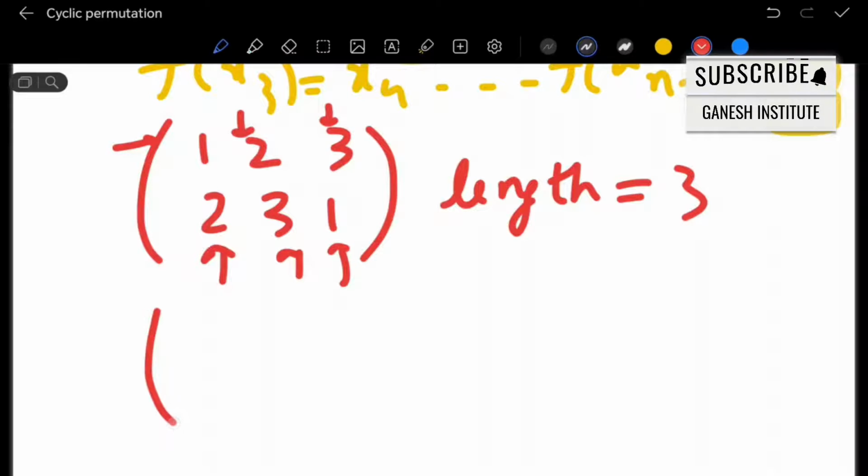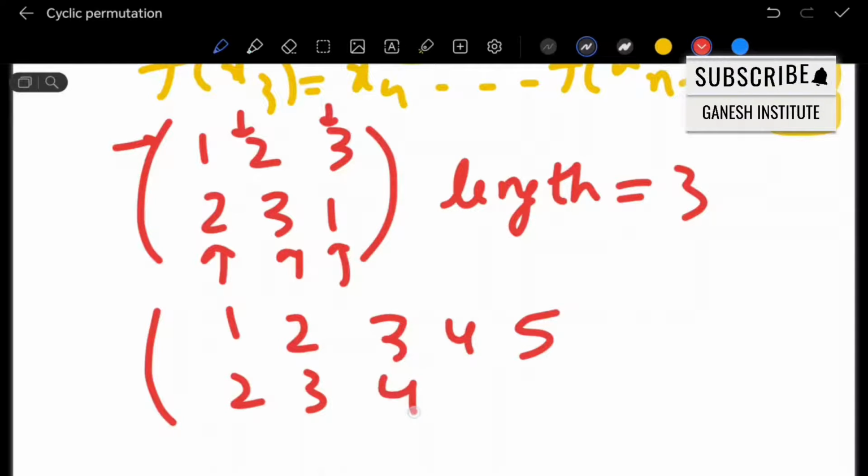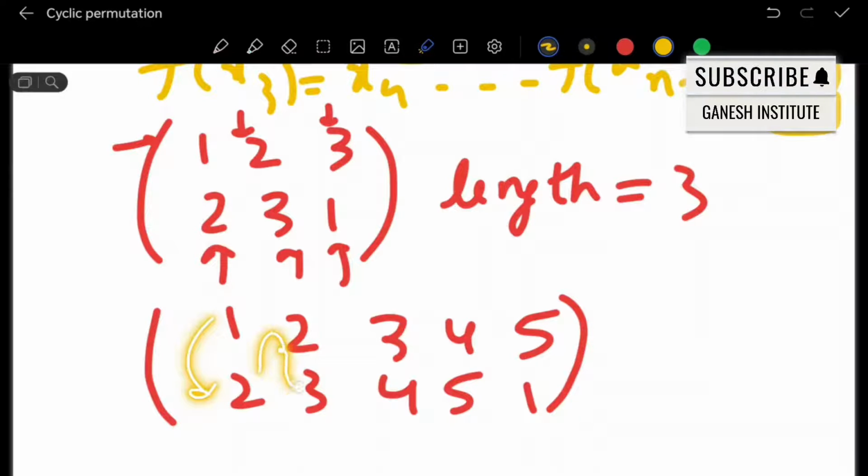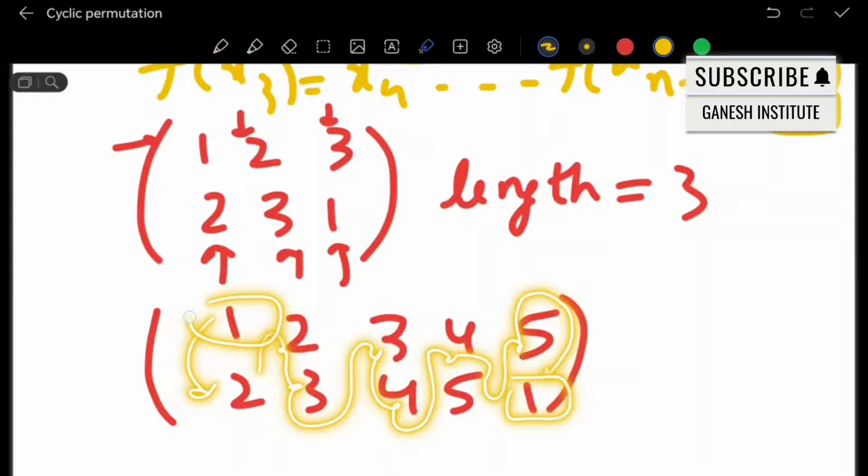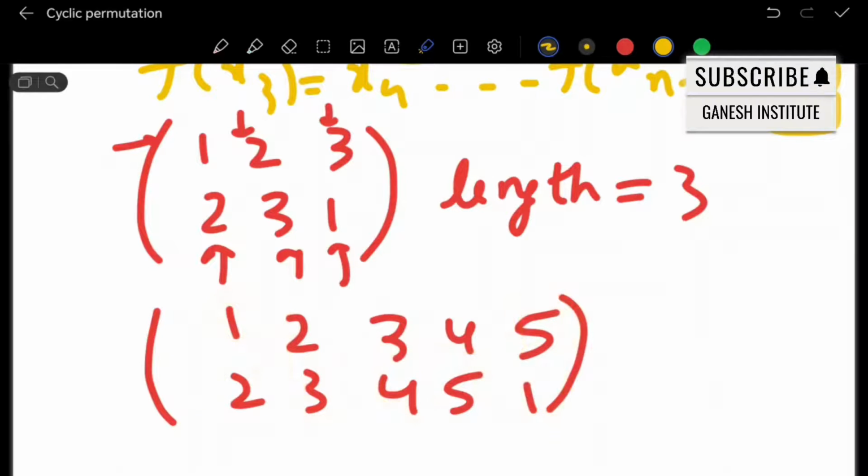Tell me, what about this one? (1 2 3 4 5) connected to (2 3 4 5 1). Can you see that it is 1 to 2, 2 to 3, 3 to 4, 4 to 5, 5 to 1, so it is a cycle.